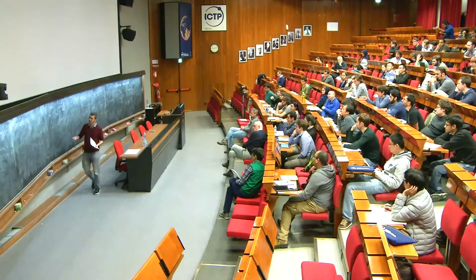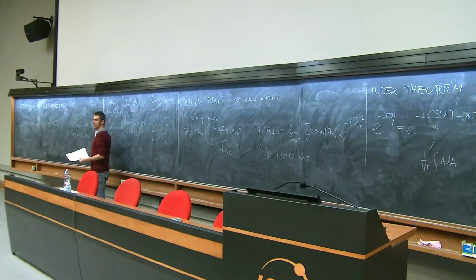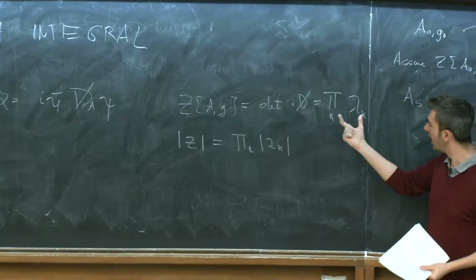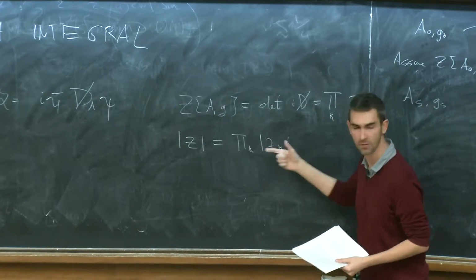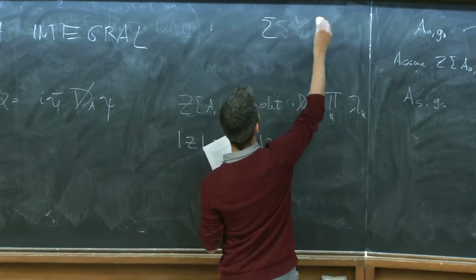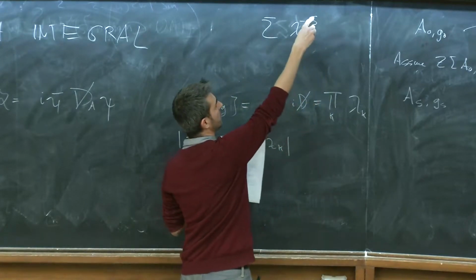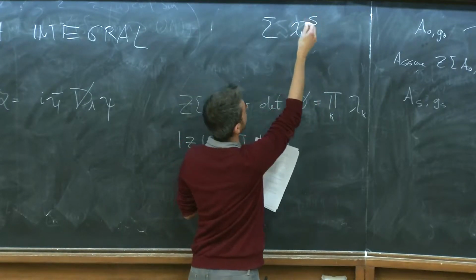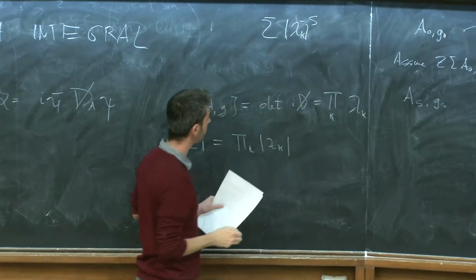Yes, the problem is that this object is formal, an infinite product, and is not convergent. So you have to do something with that. And as I said, for the modulus, for the absolute value, there is no problem. You could do, for instance, the sum over the eigenvalues to the power minus s, and if the real part of s is bigger than 1, this converges, and you do analytic continuation.